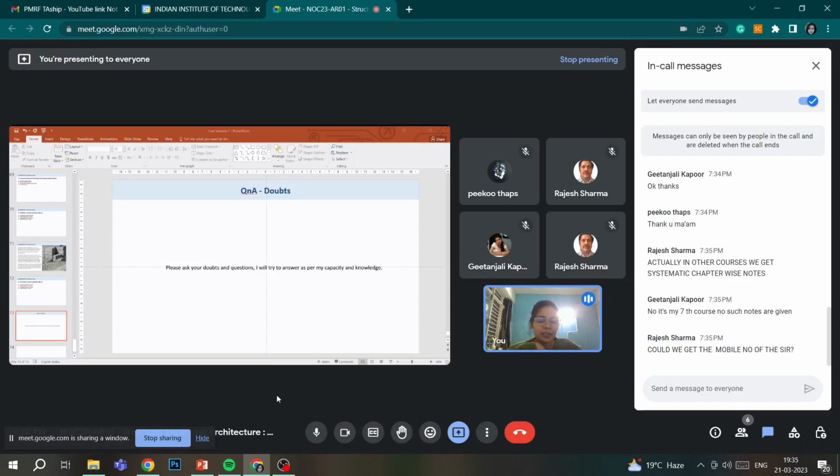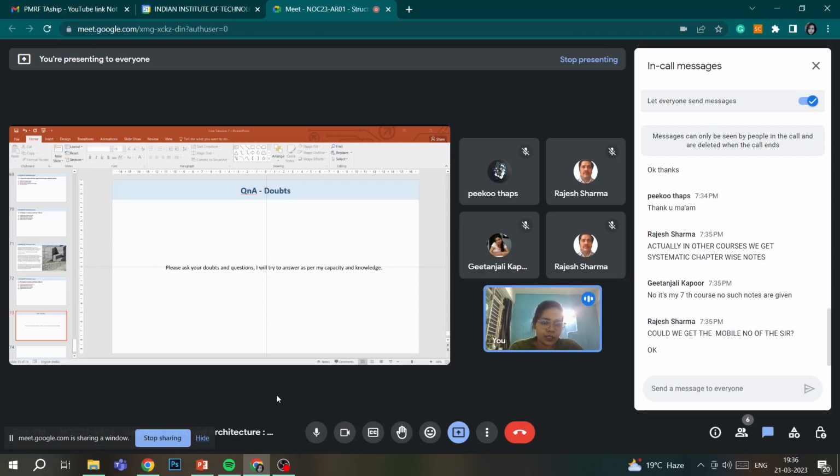I am not at liberty to give that mobile number, and I also do not have it, but you can email him. You can easily find his email contact online, or maybe on the NPTEL website.